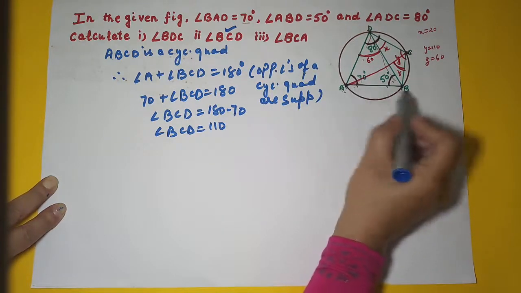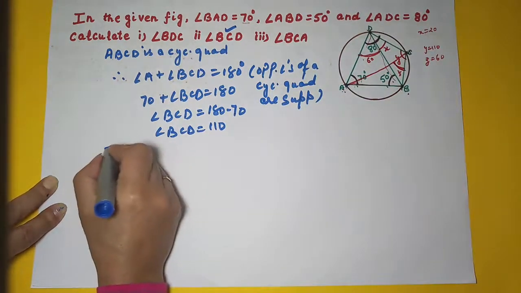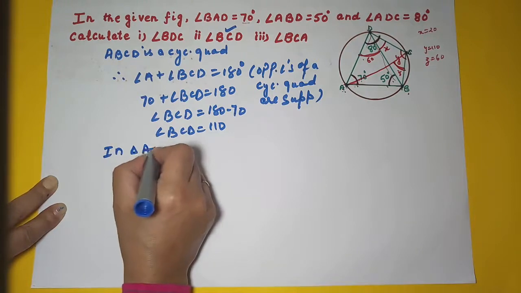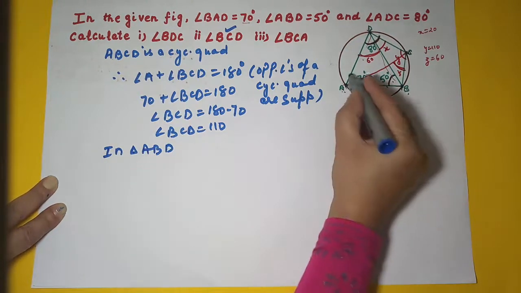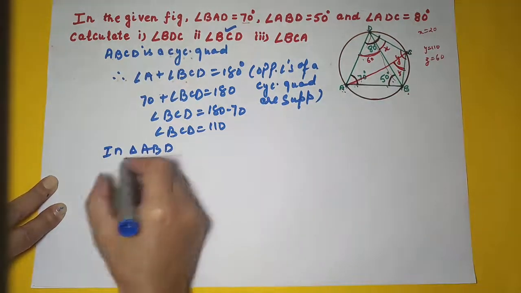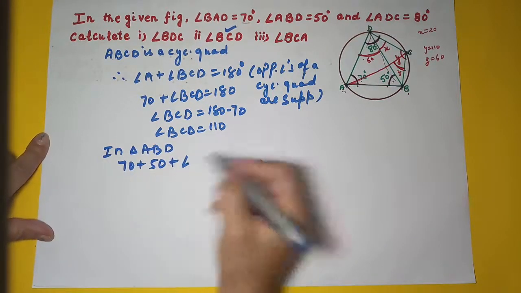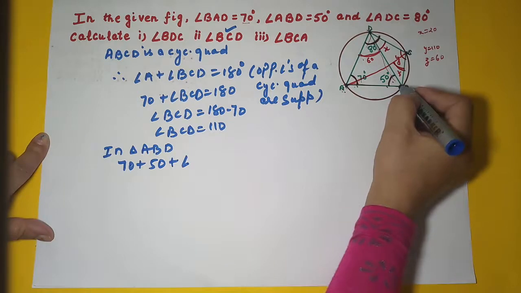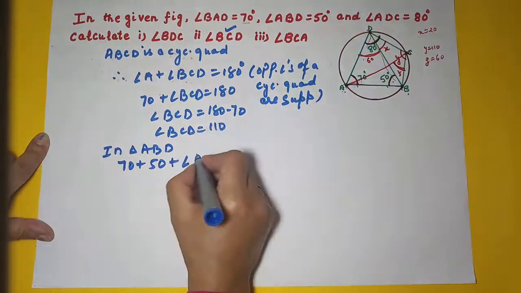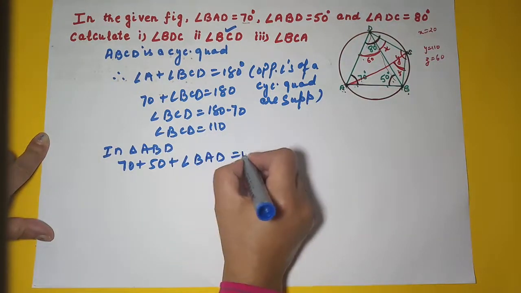Now we will take triangle ABD. In triangle ABD, 70 plus 50 plus angle BAD is equal to 180.